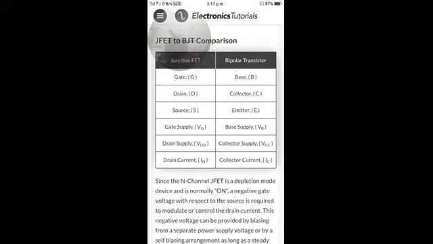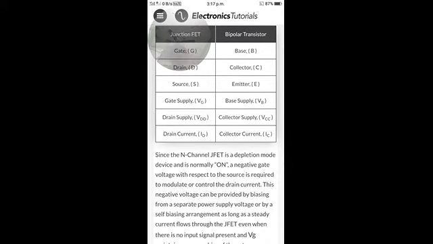This negative gate voltage can be provided from a separate power supply or by a self-biasing arrangement. So we are going to provide the negative gate voltage by using a self-biasing arrangement.